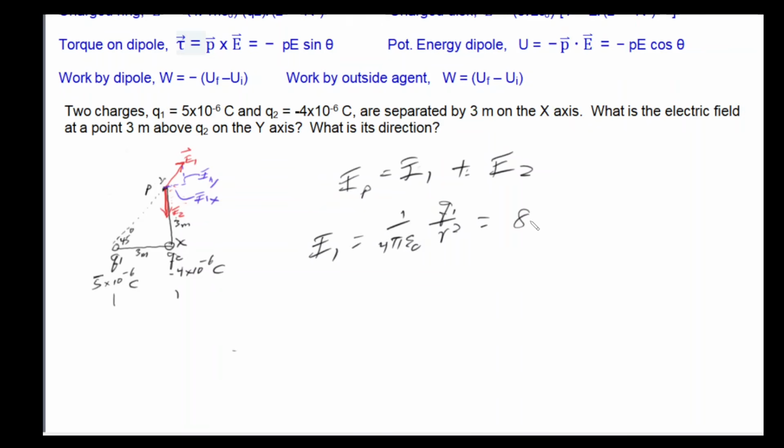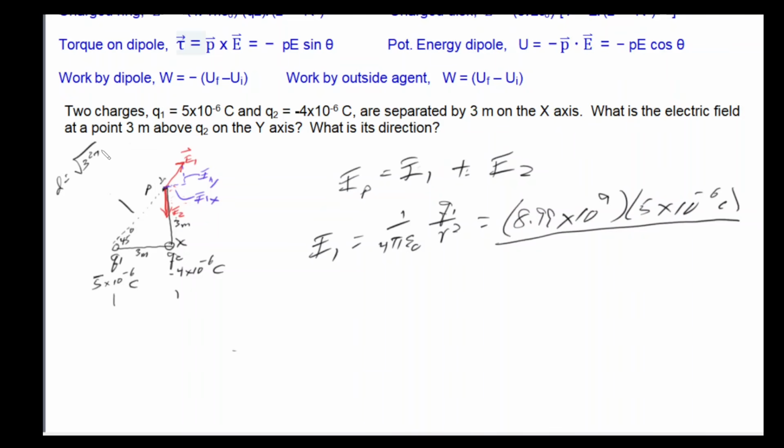And that's equal to 8.99 times 10 to the 9th, and the charge is 5 times 10 to the minus 6 coulombs over, okay, now r squared, the distance would be the hypotenuse, and we know that that distance is equal to the square root of x squared plus y squared.